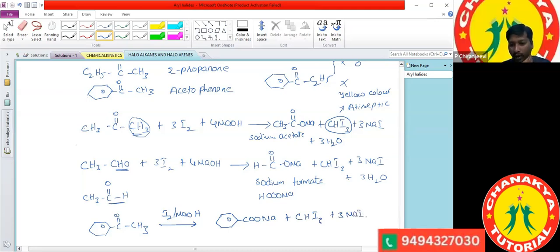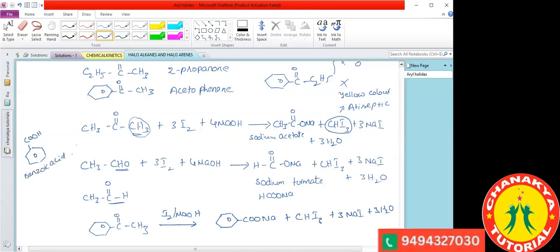Aditi, what is the molecular formula of benzoic acid? How can we write benzoic acid? On a benzene ring, if the carboxylic acid group is there, we call it benzoic acid. Is that clear? Yes, sir.